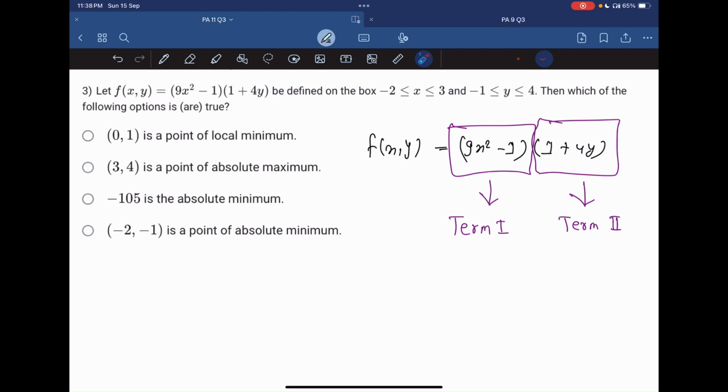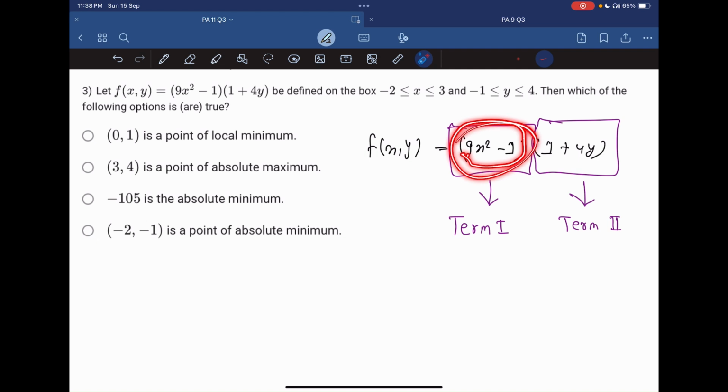If you want the maximum value of this function, it is the product of these two terms, and when these two terms get their maximum value, their product will also be the maximum value. So this whole function will get its maximum value when the individual terms get their maximum value.